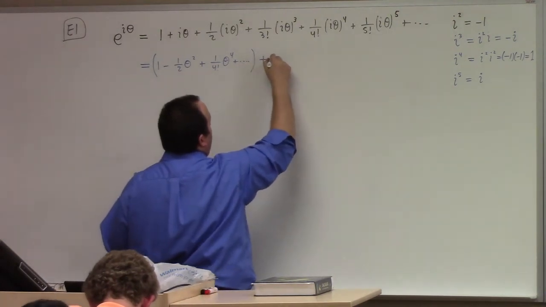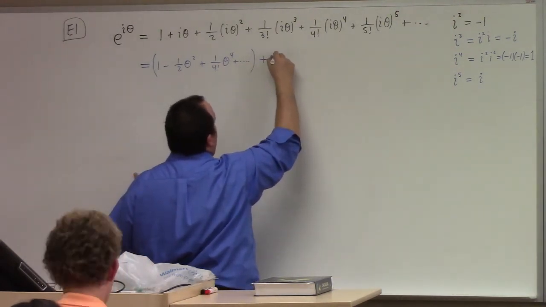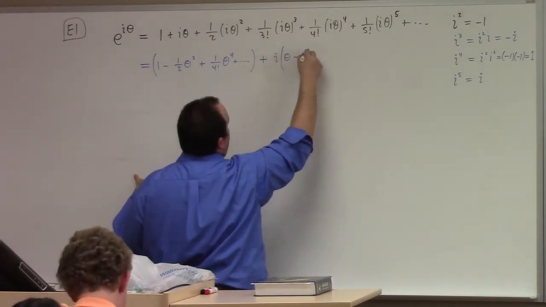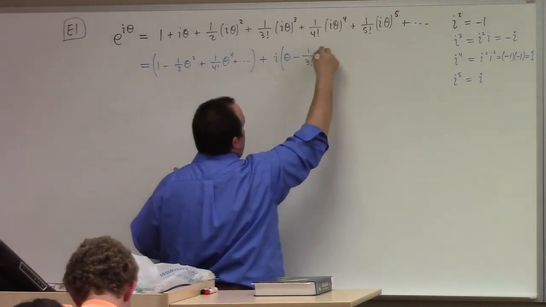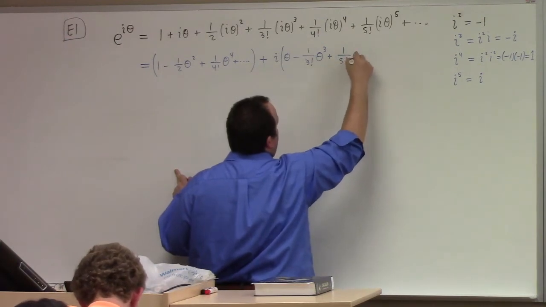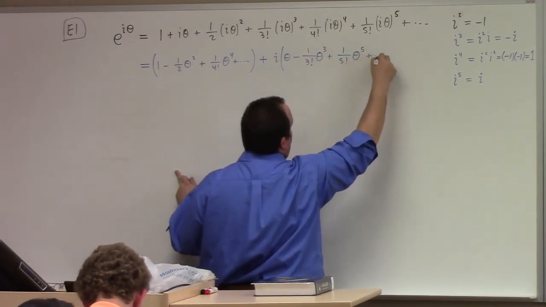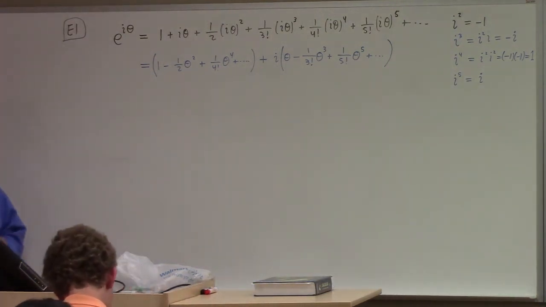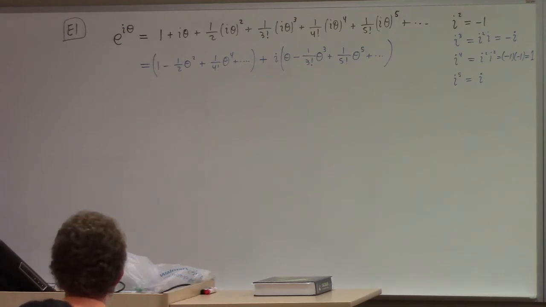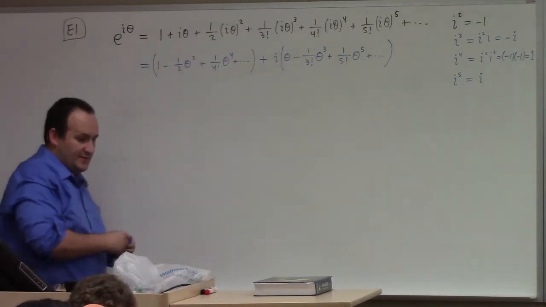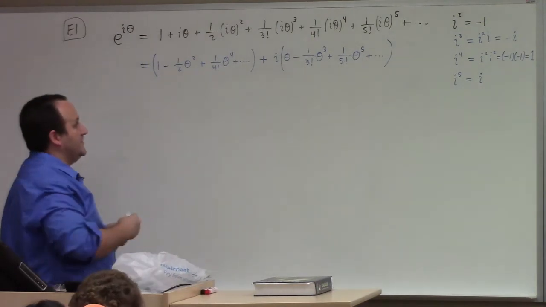And then we've got i, and we can factor out a theta, and this gives me a minus 1 over 3 factorial theta cubed, and then this piece gives me a plus 1 over 5 factorial theta to the 5th. Admittedly, I've organized things with a particular goal in mind, and so you can see what's going on.